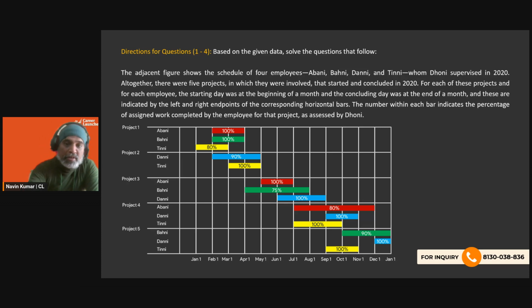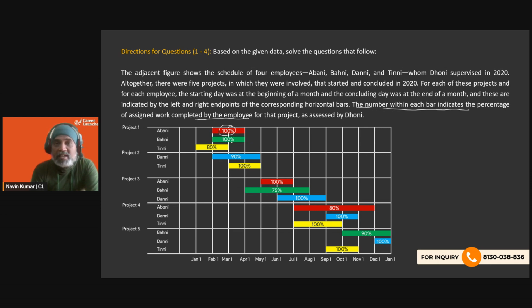If we look at the last statement, it mentions something. For example, if I look at project 1 and it says 100%, this is the percentage that indicates the assigned work completed by the employee.